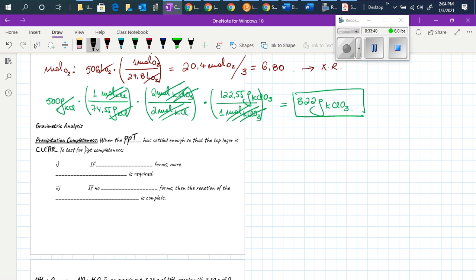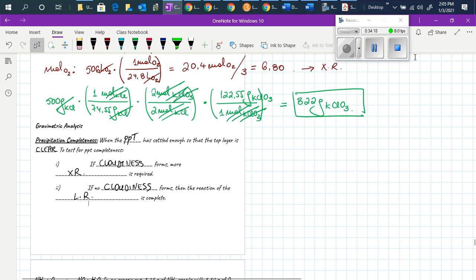If cloudiness forms, more excess reactant is required. And when there is no cloudiness formed, then the limiting reactant is completed, is done.